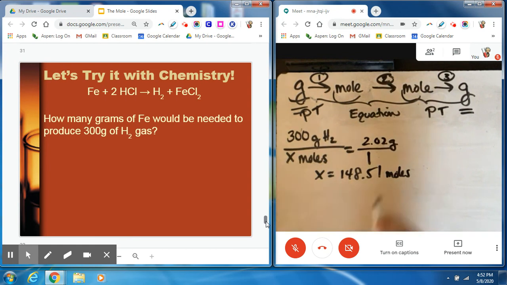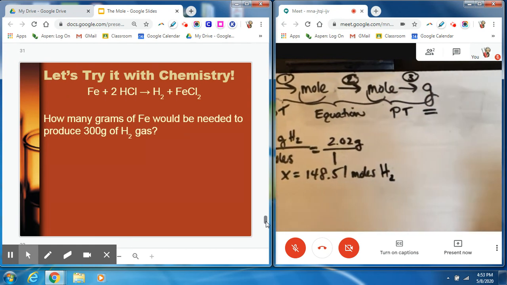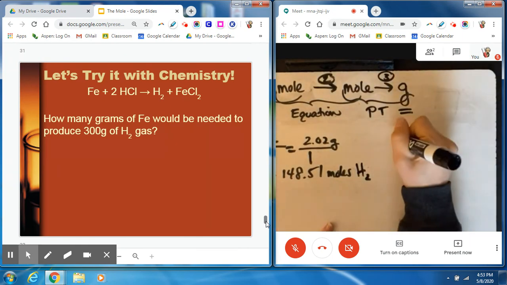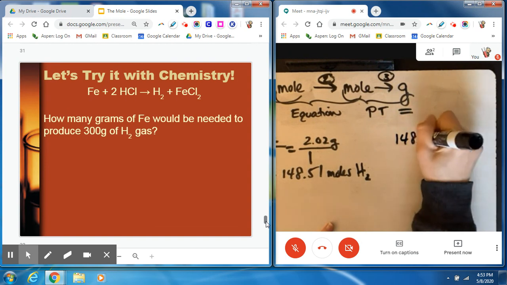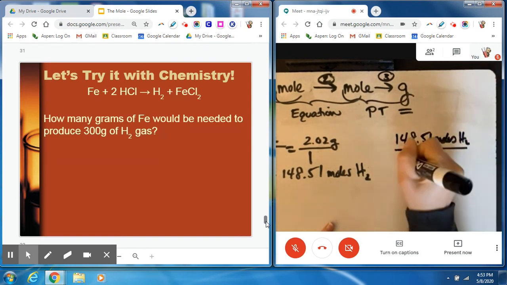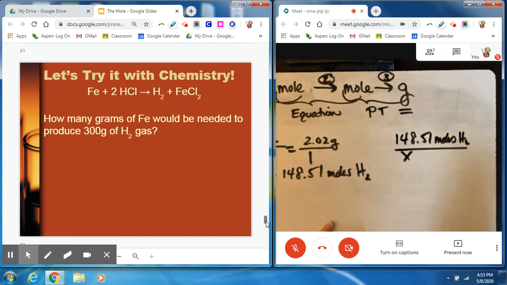And that's moles of H2. Now, we need to use that value to figure out how many moles of iron we will produce. If we have 148.51 moles of H2, we don't know how many moles of iron that would be, but what we do know is that iron and H2 have a 1-to-1 relationship.